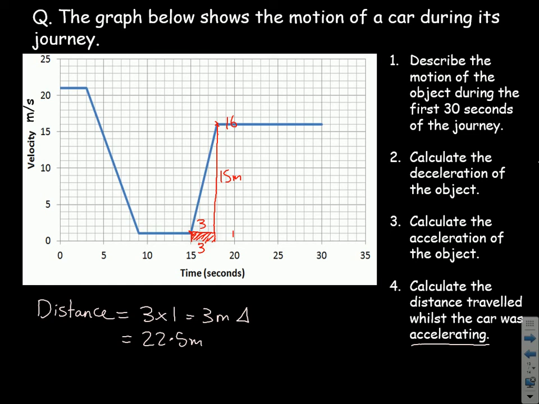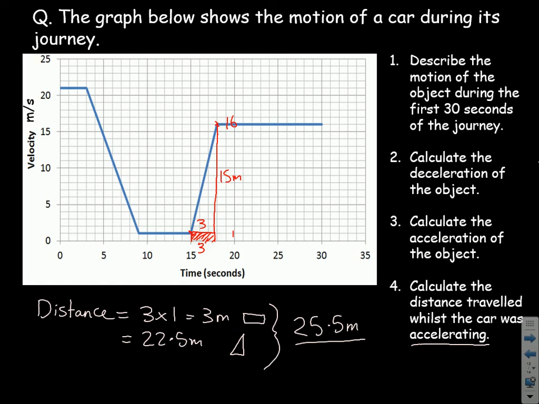Oh sorry, wrong way around. That's the area of the little rectangle, and that is the area of the triangle over the top. So the total distance travelled is 25.5 meters. We just add those two together.